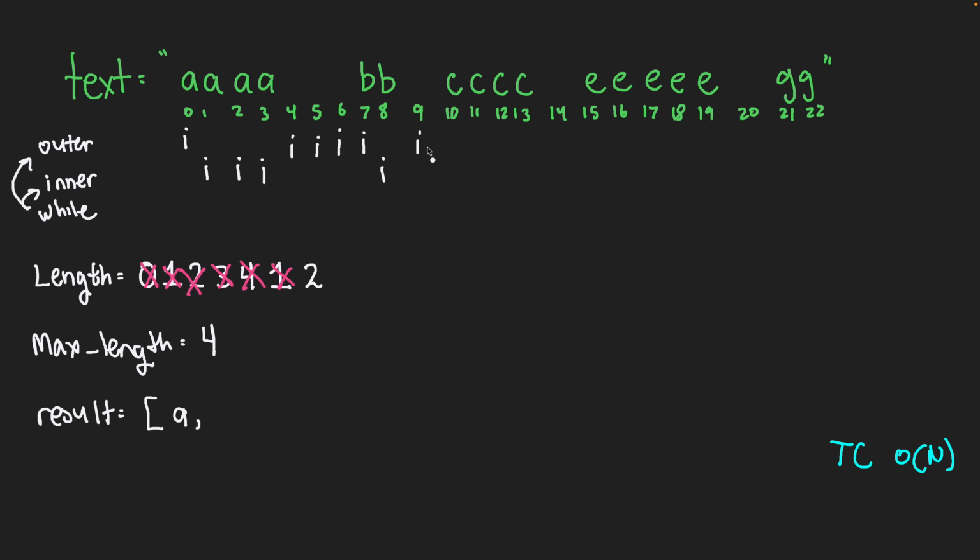And moving forward, let's be a bit speedier. We see white space, so we skip. We don't have white space, reinitialize length to 1, and let's dispatch our inner while loop.